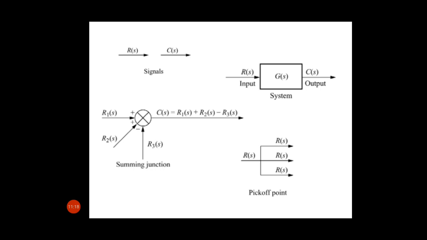If we are asked about the transfer function of the system, you know that the transfer function is the ratio of the output transform to the input transform with all initial conditions 0.